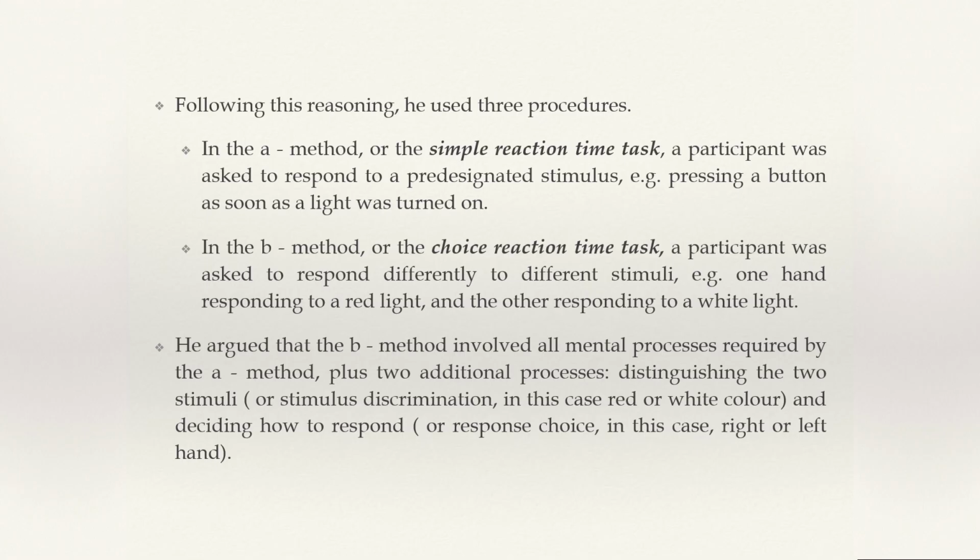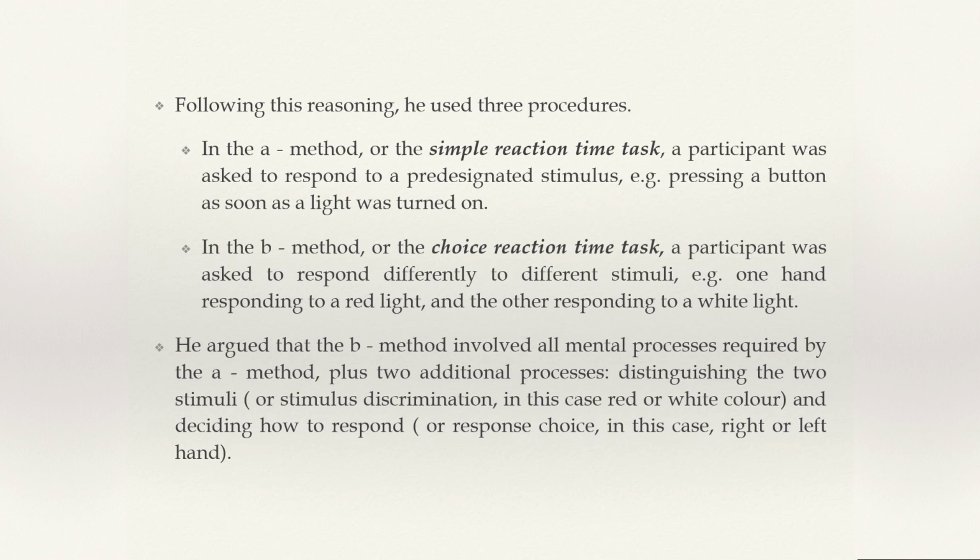In the A method, it was called a simple reaction time task. Here, a participant was asked to respond to a pre-designated stimulus, such as pressing a button as soon as a light was turned on. In the B method, he used what is called a choice reaction time task. A participant was asked to respond differently to different stimuli.